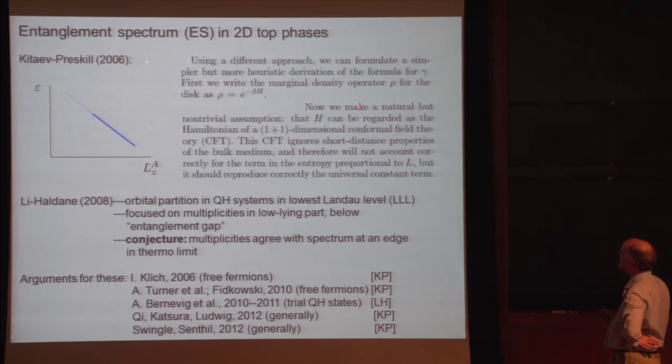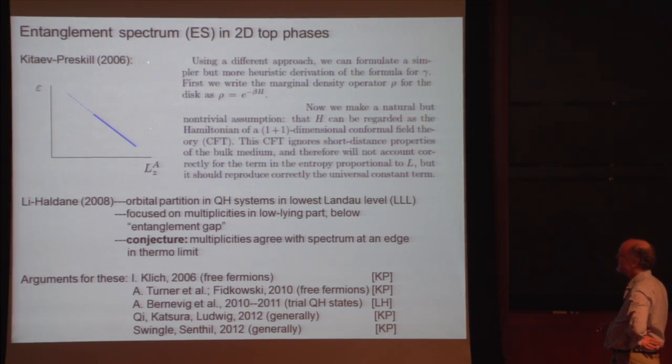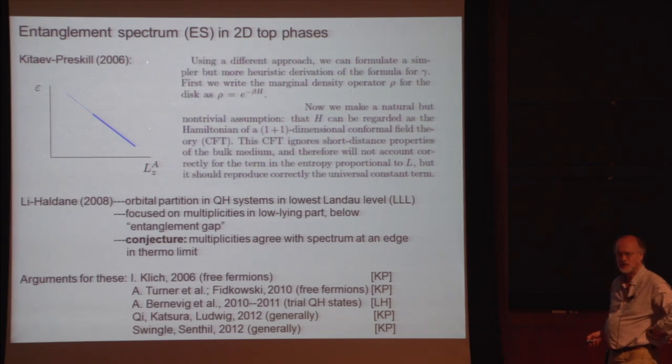And then they said, now we make a natural but non-trivial assumption that H, this is an operator, or beta H, the eigenvalues of beta H are the pseudo-energies I was talking about. So H can be regarded as the Hamiltonian of a 1+1 dimensional conformal field theory, and so on. But the entropy associated with this conformal field theory should then correctly reproduce the universal constant term.